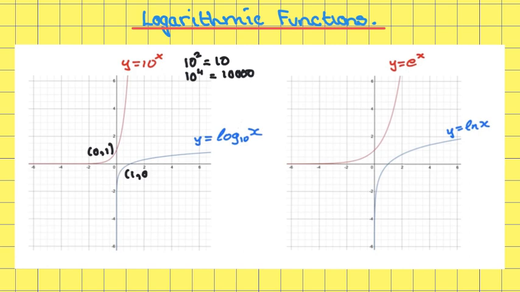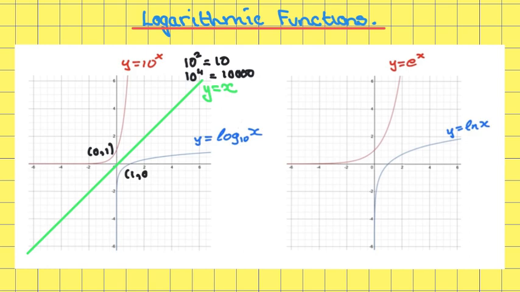When you draw in the line y equals x, you can clearly see that log 10 of x is the inverse function of y equals 10 to the power of x, and they are reflections in the line y equals x.